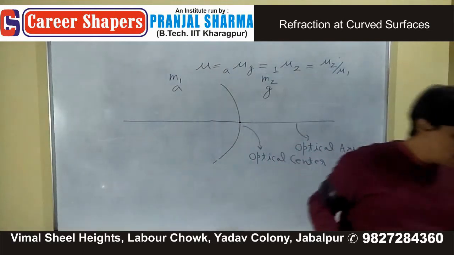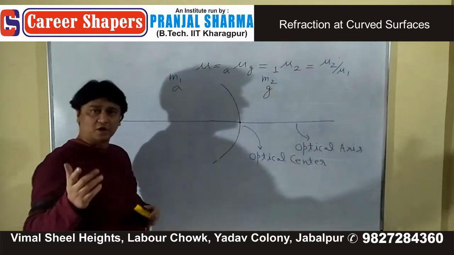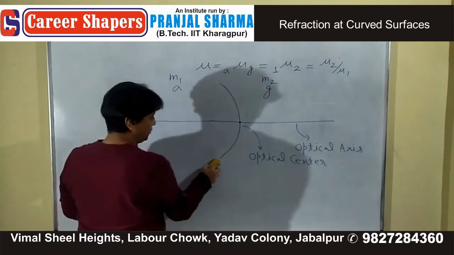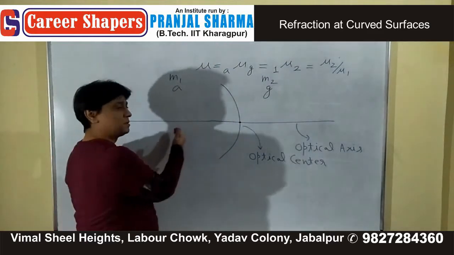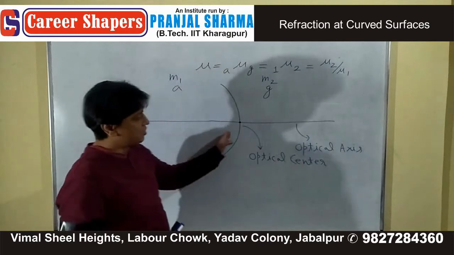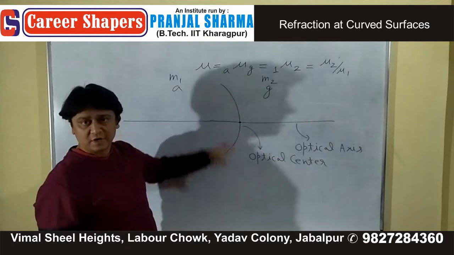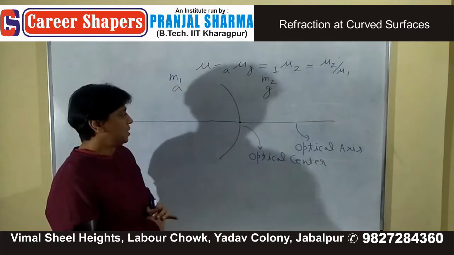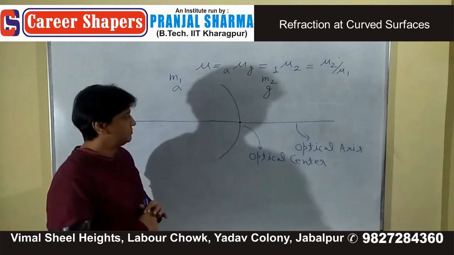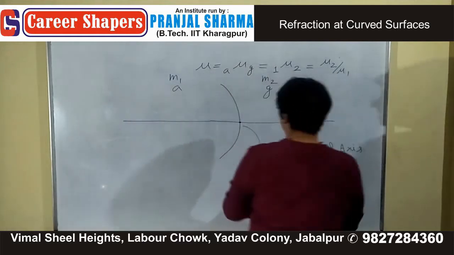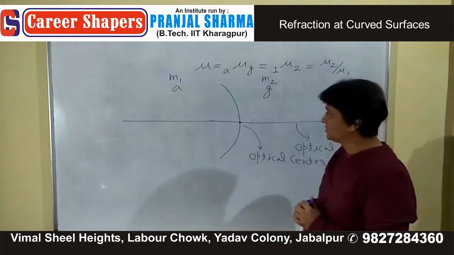But for us, this point is nothing but the origin. Anything on the left side will be taken negative, anything on the right side will be taken positive. Up is positive, down is negative. Hope you remember what we did with reflection at curved surfaces.